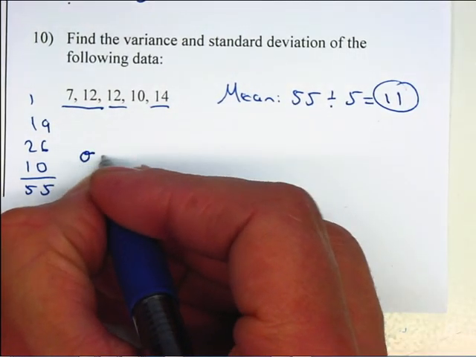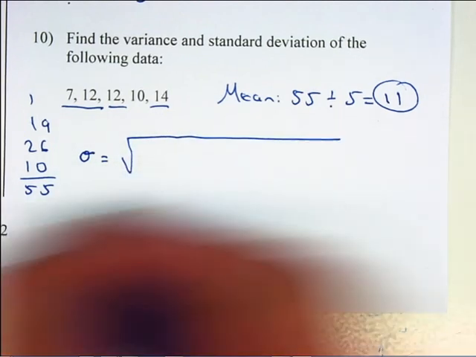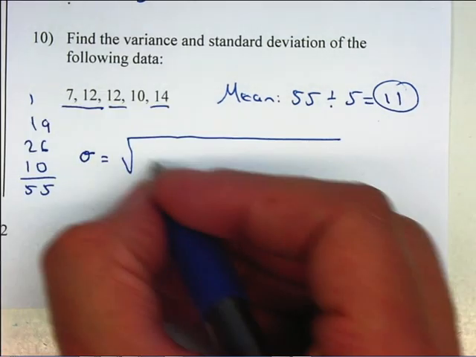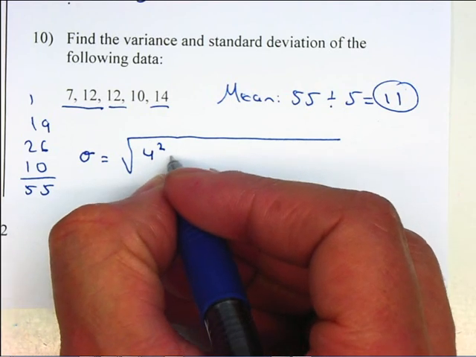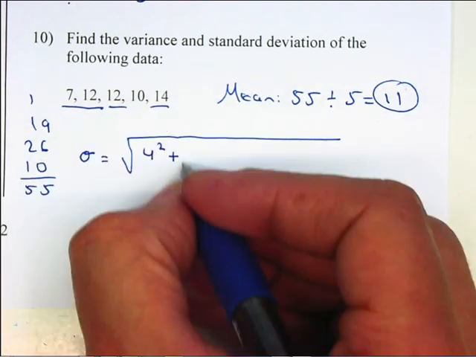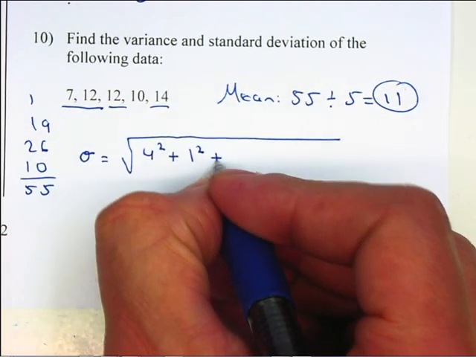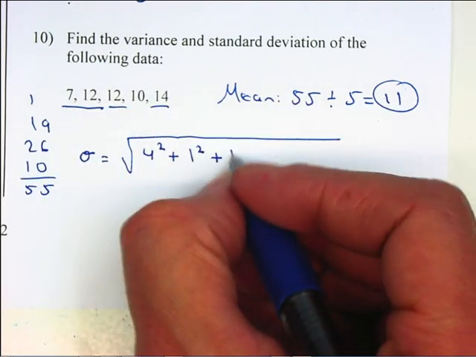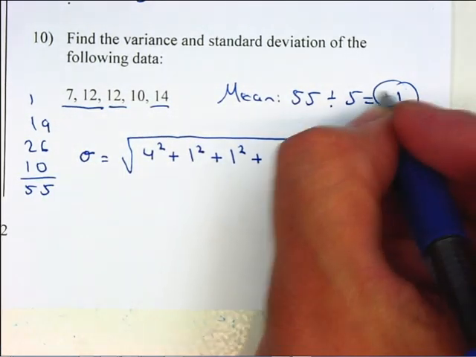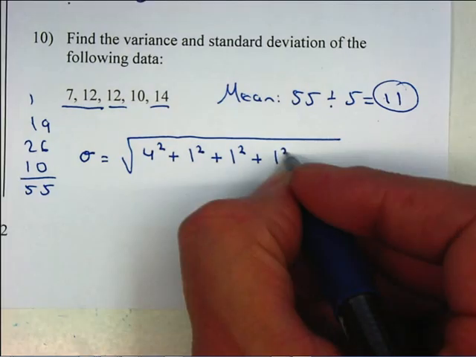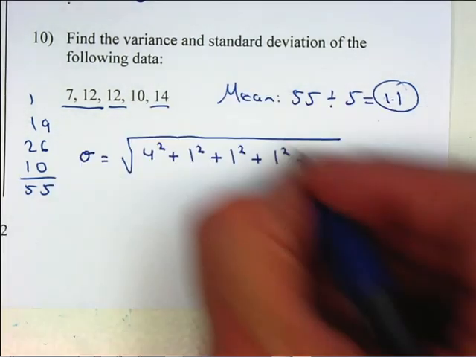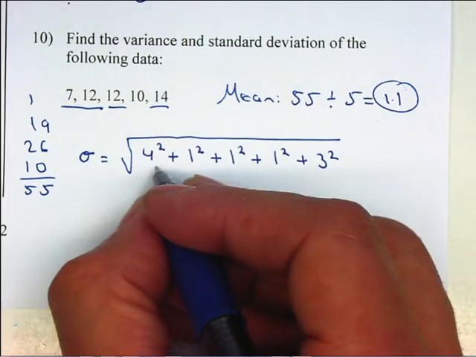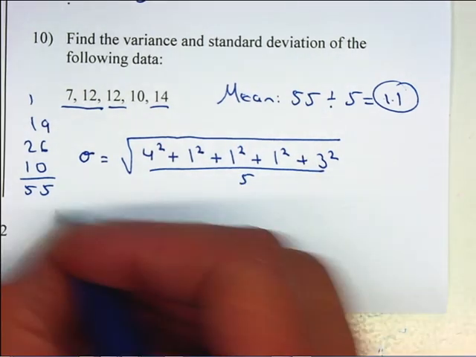Now to find the standard deviation, I have to do 11 minus 7 gives me 4 squared, plus 11 minus 12 gives me 1 squared, plus 11 minus 12 gives me 1 squared, plus 11 minus 10 gives me 1 squared, plus 11 minus 14 gives me 3 squared, and divided by 5.